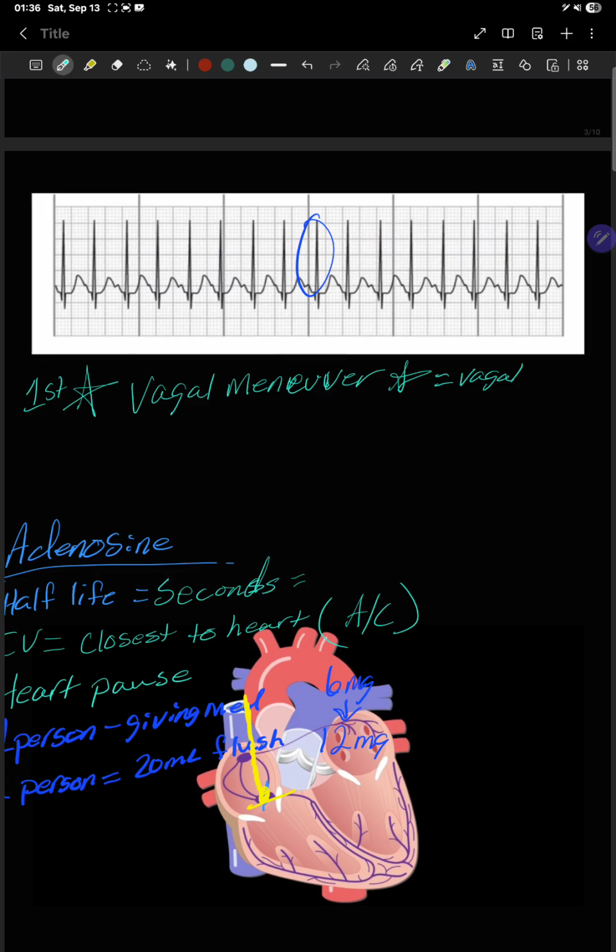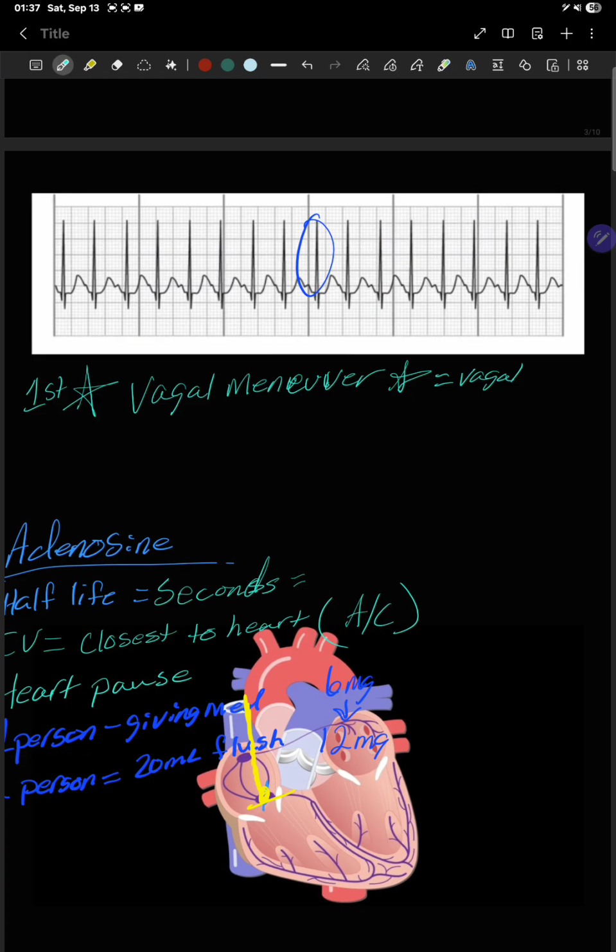Or we give them one of our syringes, like a 5 ml or 10 ml syringe. We pull the stopcock back just a little bit, give it to them, say, put this in your mouth and blow on this, and try to blow the plunger back as hard as you can, and that'll try to trigger that vagal.